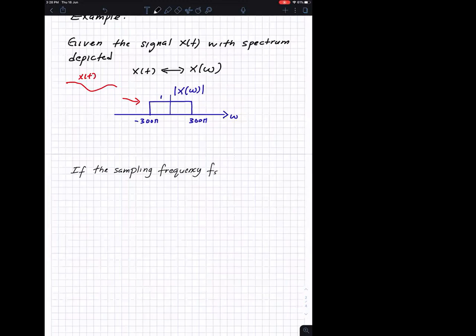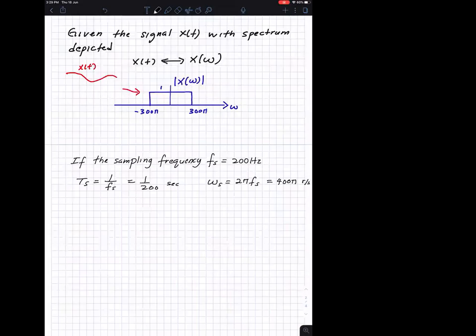Say Fs is 200 hertz. Then the sampling time is 1 over Fs, which is 1 over 200 seconds. The sampling frequency in radians per second is 2 pi f, which is 400 pi radians per second.